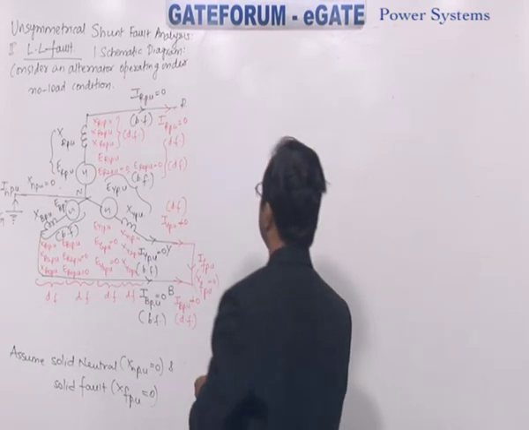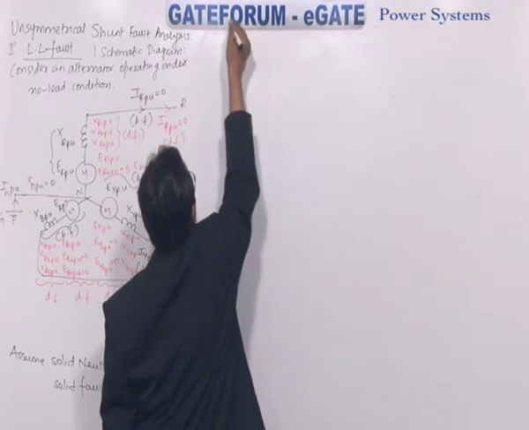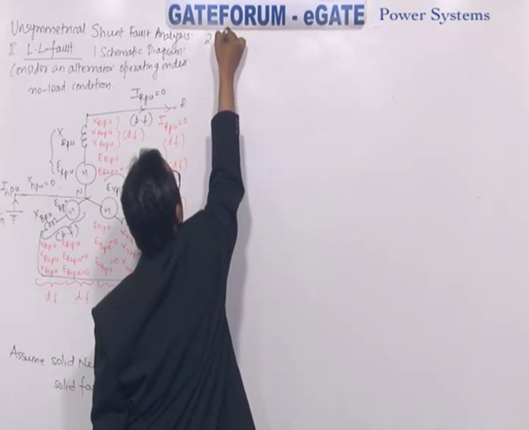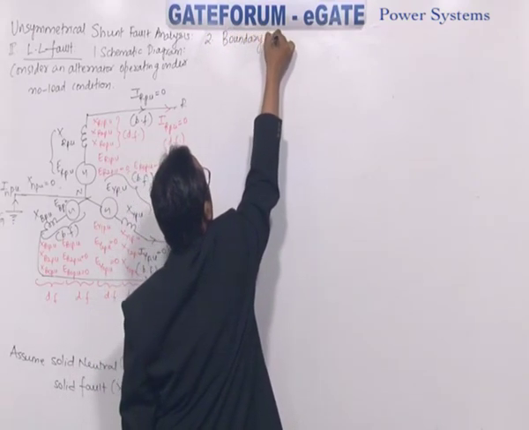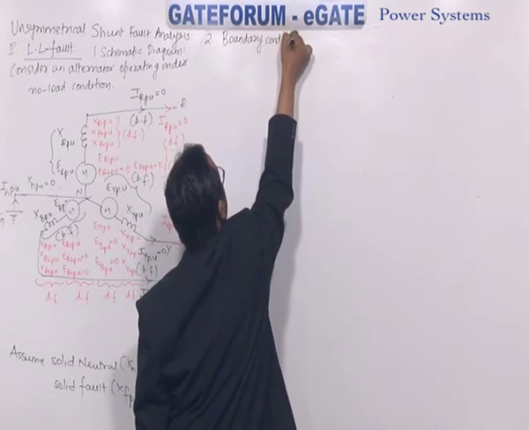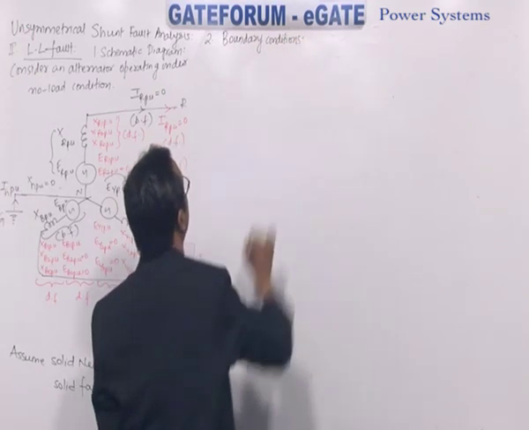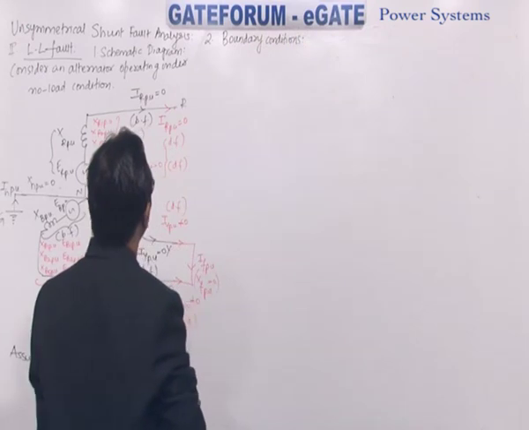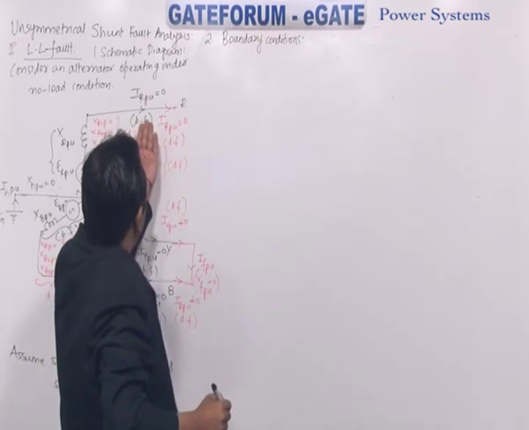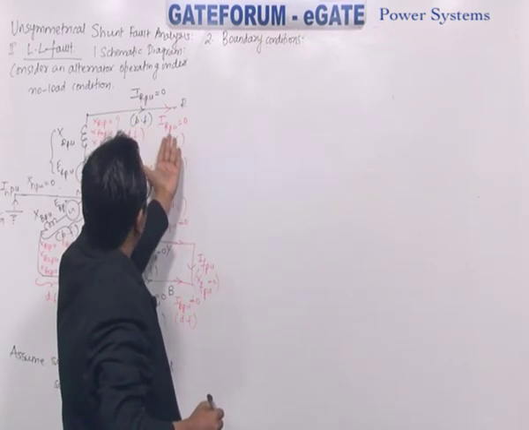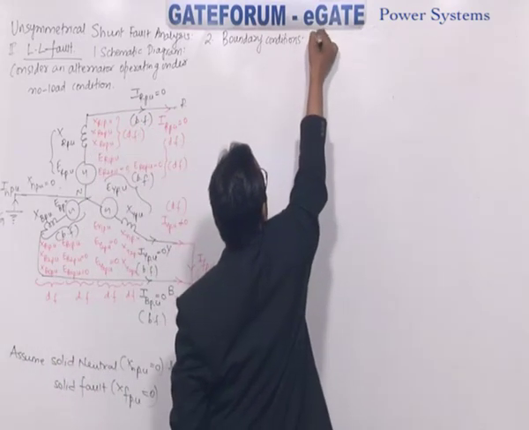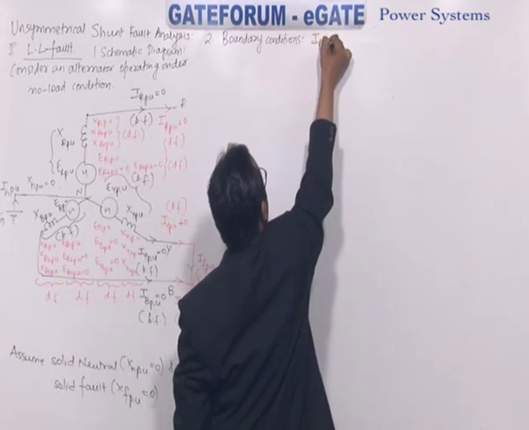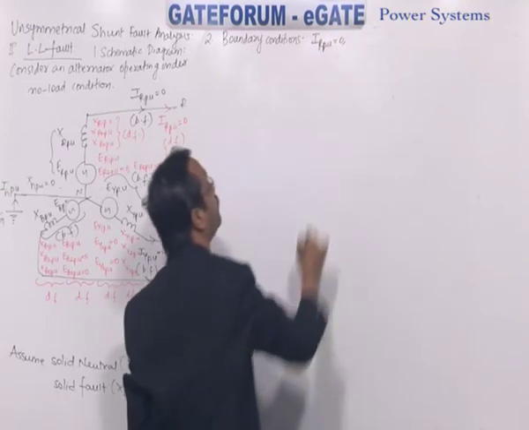So we begin with the boundary conditions. You can check before fault, during fault. What is IR per unit? 0. So first boundary condition, IR per unit is 0.